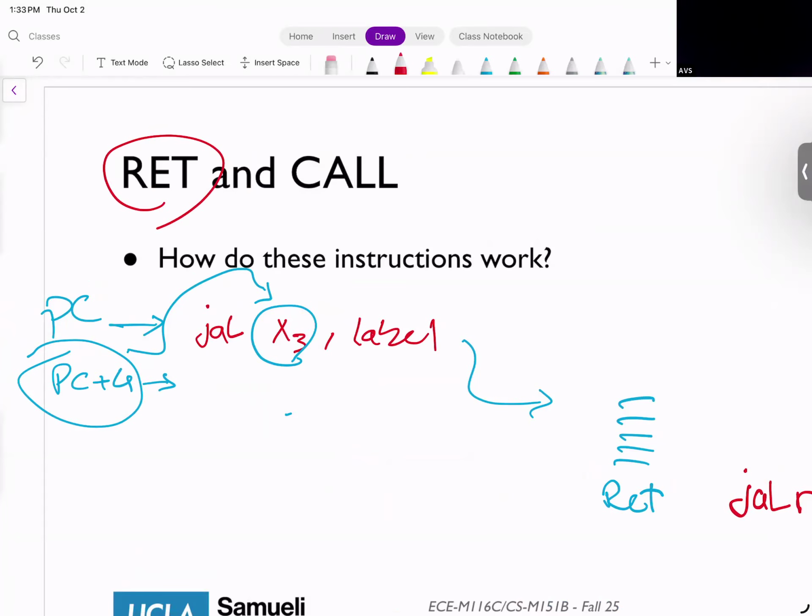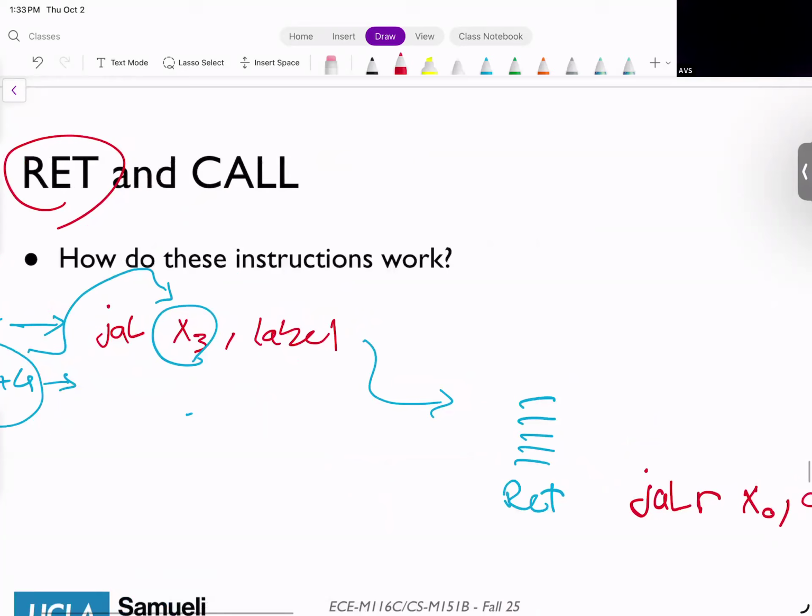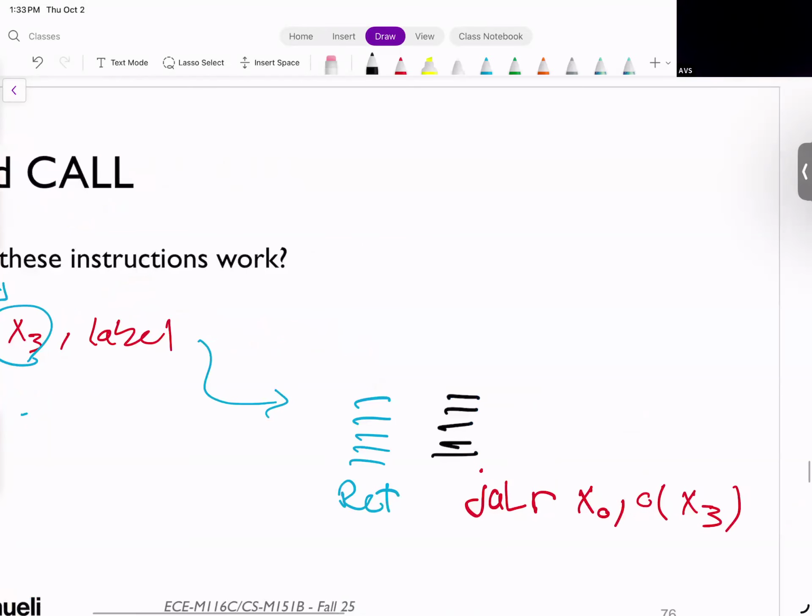This way I can actually return exactly to where I wanted to go. The important thing is that during this process here, I should not overwrite x3, okay? So I should be very careful not overwriting x3, because if I overwrite x3 there, then I'm cooked. So usually what I do is we use a specific register called return address register, which is one of the X's I'm going to show you later, that you don't touch it when you're calling a function. Okay? Yes.